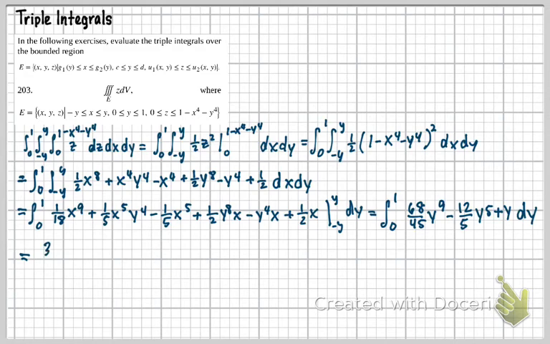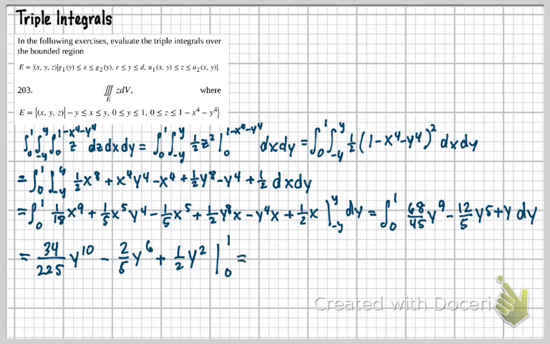So that's going to be 34 over 225 y to the 10th minus 2/5 y to the 6th plus 1/2 y squared, and that's going to be from 0 to 1.